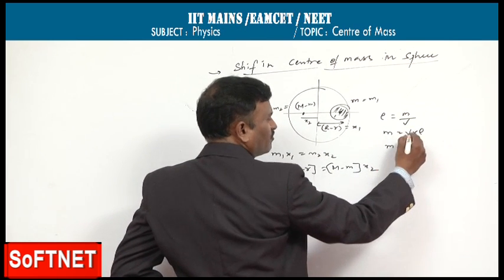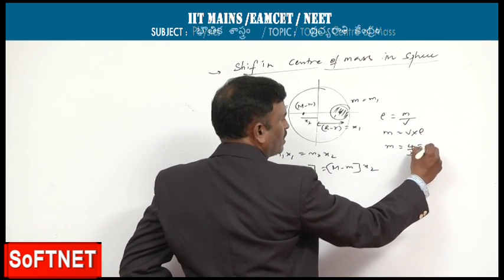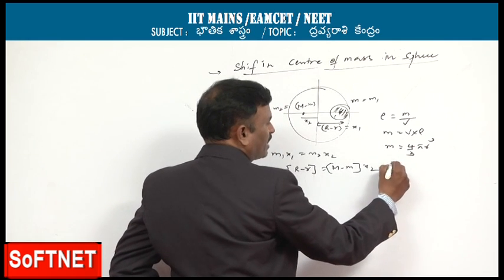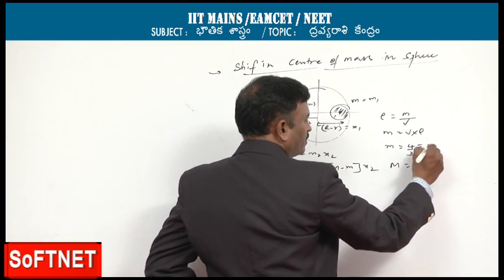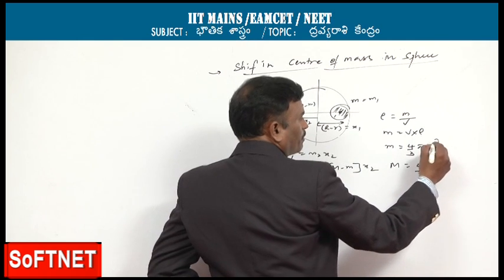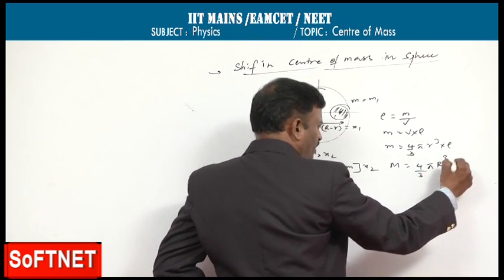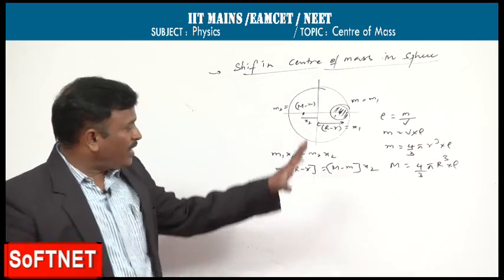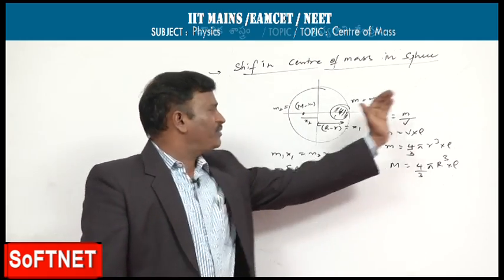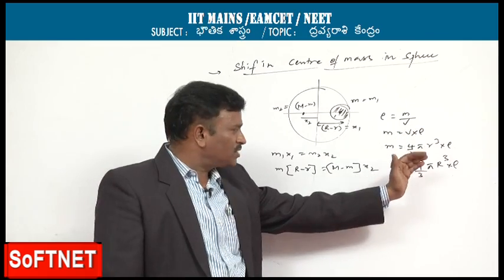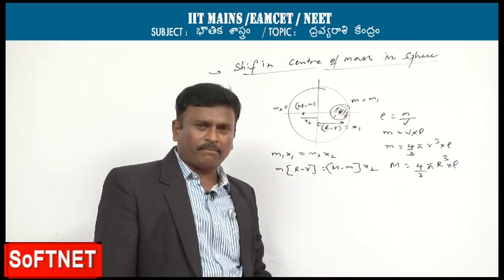So the mass, volume is 4 by 3 pi r cube. Similarly capital M is equal to 4 by 3 pi capital R cube into rho. From the same disk only we are removing the part. That is the reason density will be same.